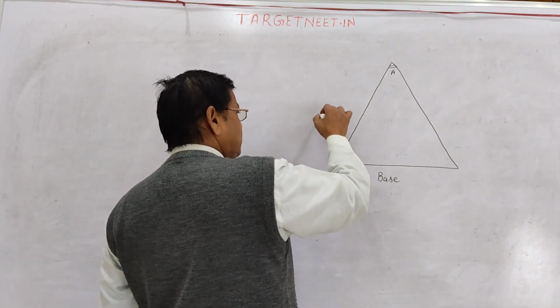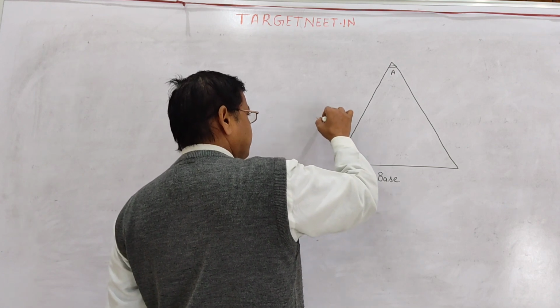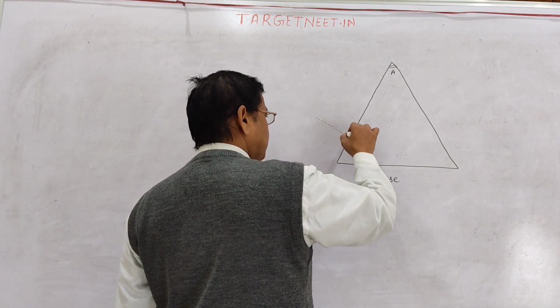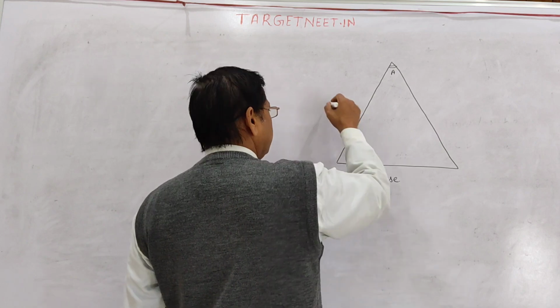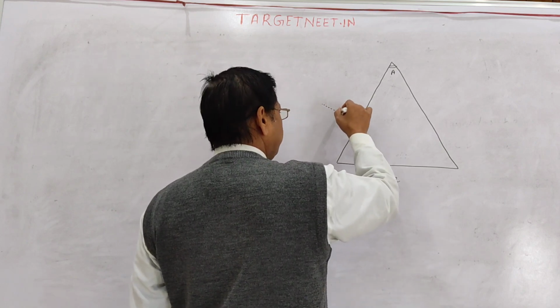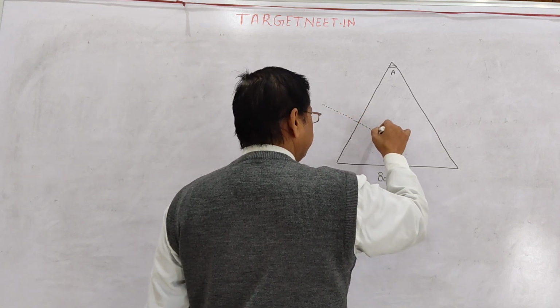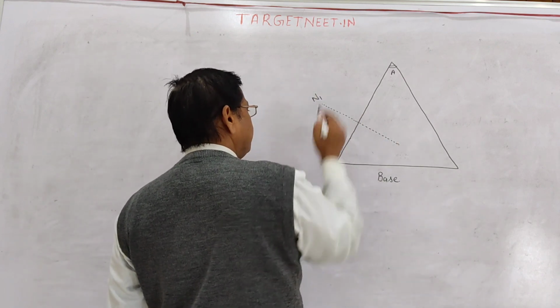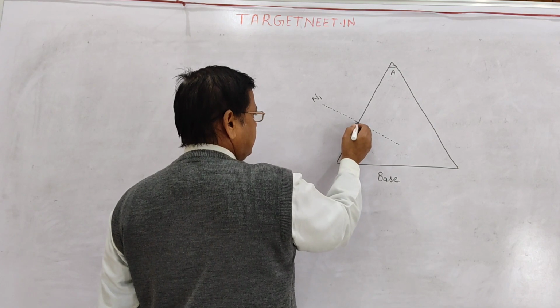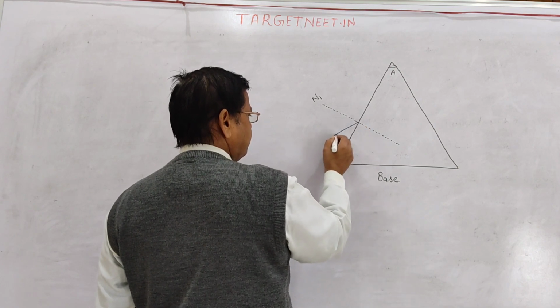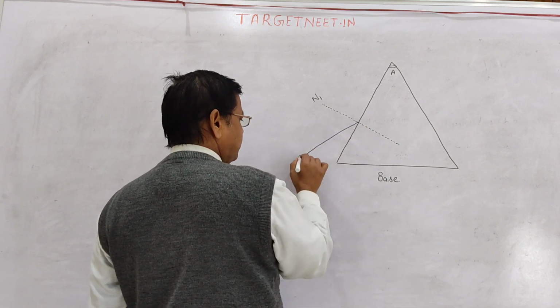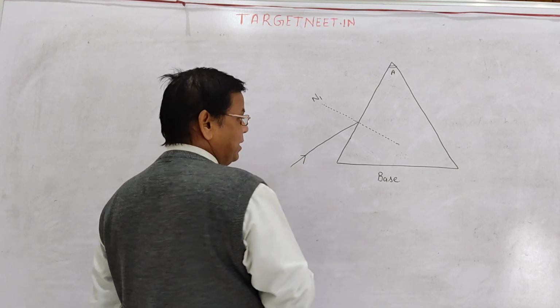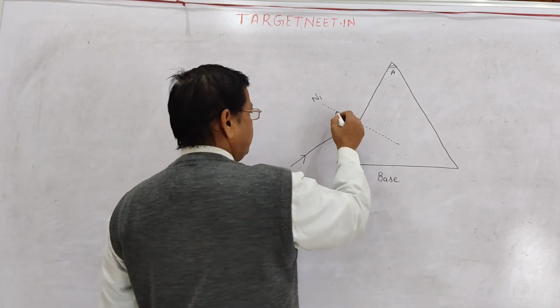If I make light incident on the first refracting surface, this is the normal on the first refracting surface. I call it N1, and let light be incident on this surface. This is monochromatic light incident on the surface.